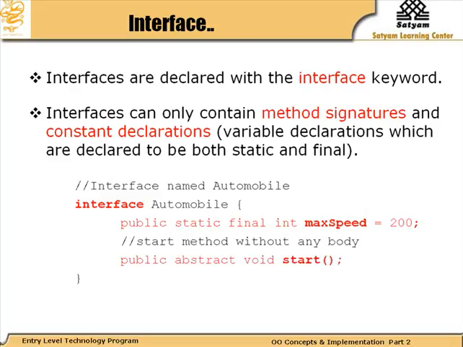And then we have a public abstract void start method. Every class which implements this interface automobile is required to override the start method or declare itself as an abstract class. Here, automobile can be considered a specification class.